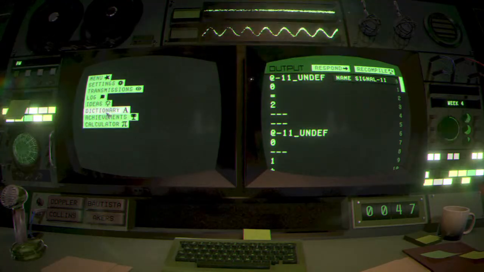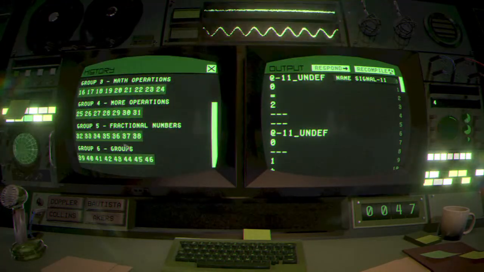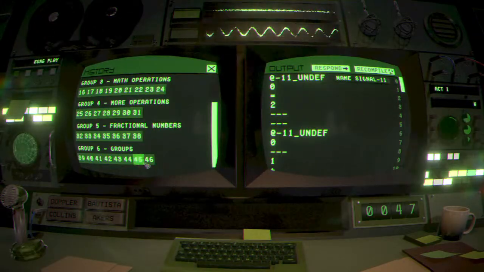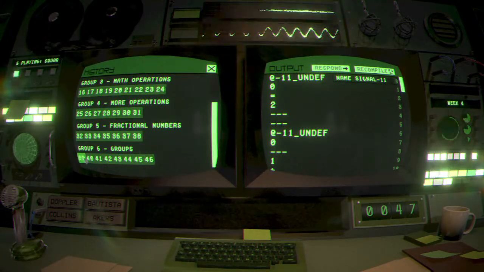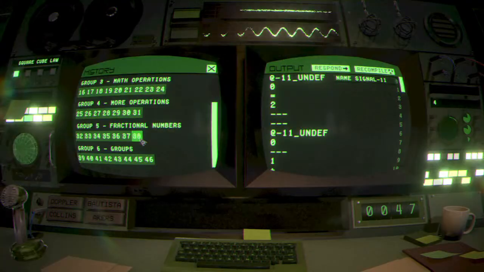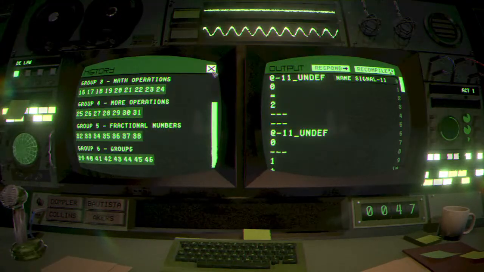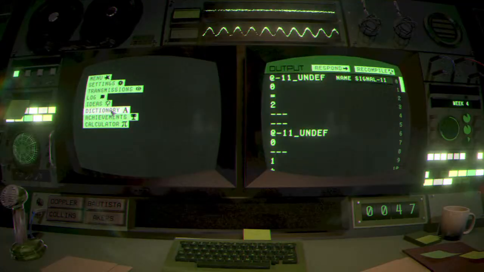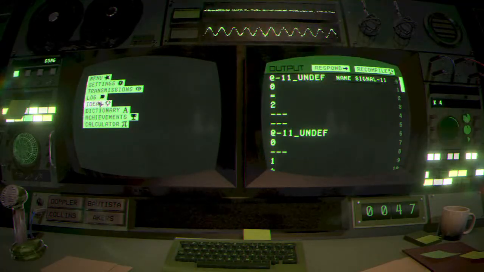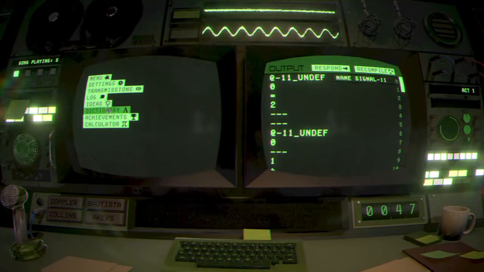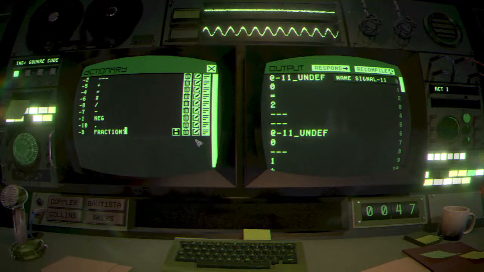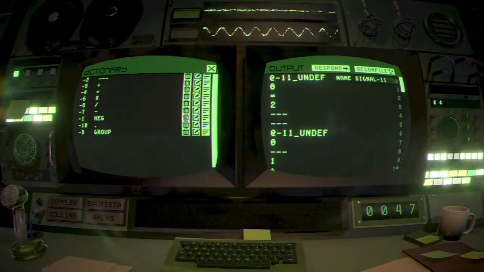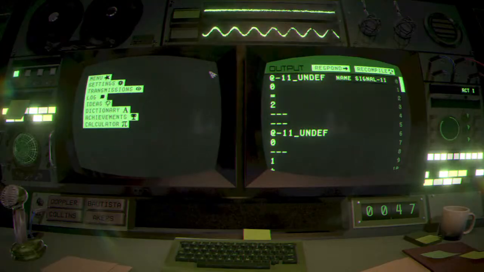So let me also go to the transmission groups. So they named it groups. Not fractional numbers. Groups. That makes sense. I mean, I said it was like a pattern, so... Fine. Group. I don't know. I have no idea what to call it.